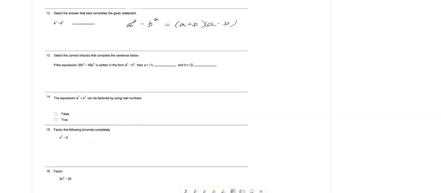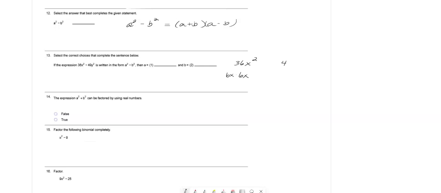For the next question, 36x squared minus 49y squared. And the question is, if the expression is written in the form a squared minus b squared, then a equals to what and b equals to what? So when we look at 36x squared, we know that 6x times 6x equals 36x squared. And that's why we call 36x squared a perfect square.